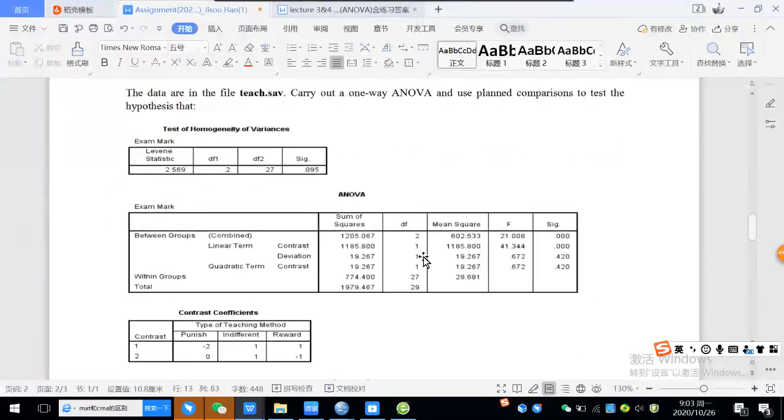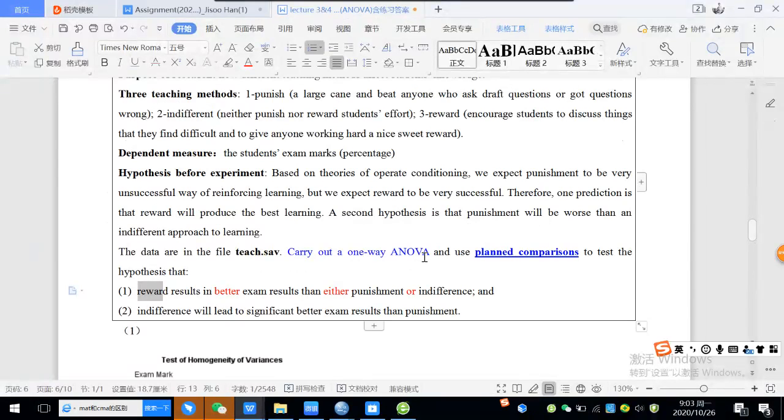Okay, and then the second hypothesis. Indifference will lead to significantly better exam results than punishment. Because here you need to use planned comparison, right? And here indifference is better than punishment. So indifference is one group, punishment is another group, and the reward is not included in the comparison.